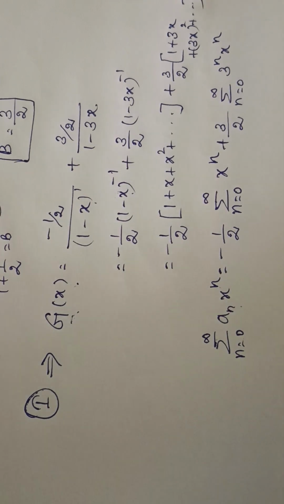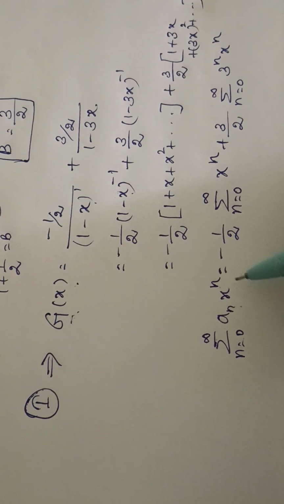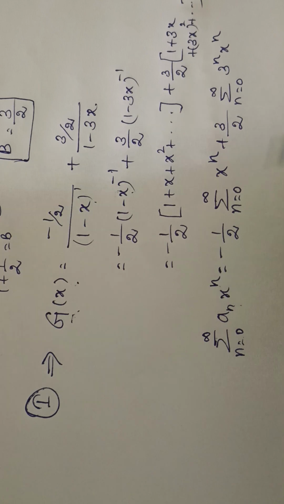Now we need the general term of the given recurrence relation. So for the general term I will take x power n, the multiplication term is x power n and summing. So here I can take the coefficient of x power n. So that is the final answer.